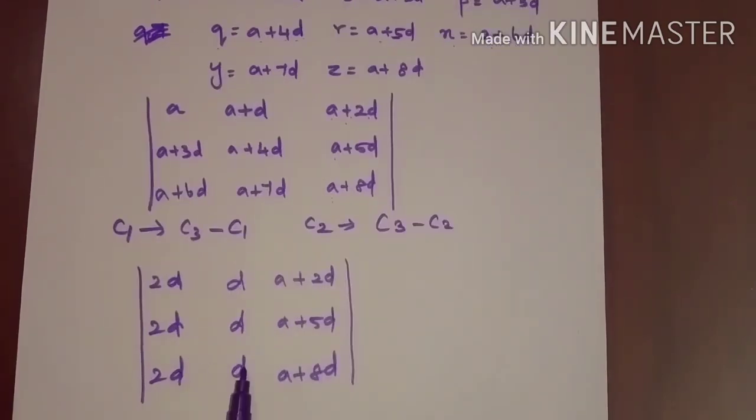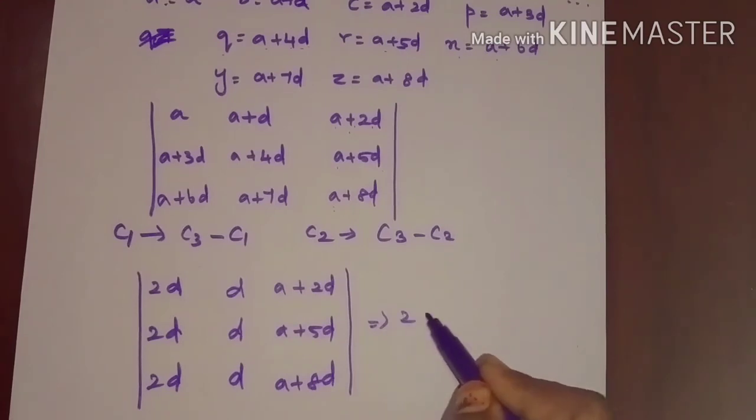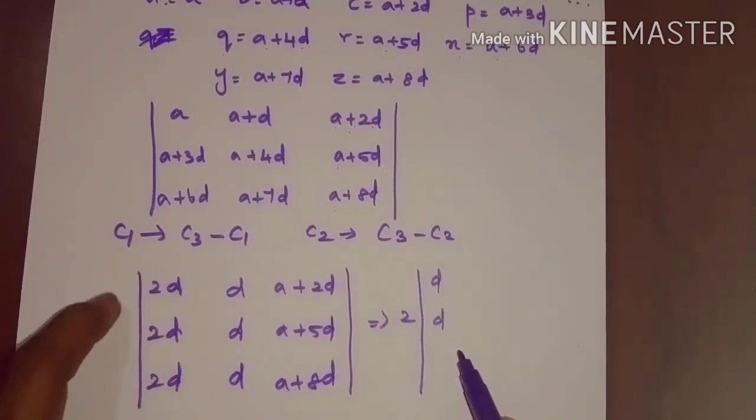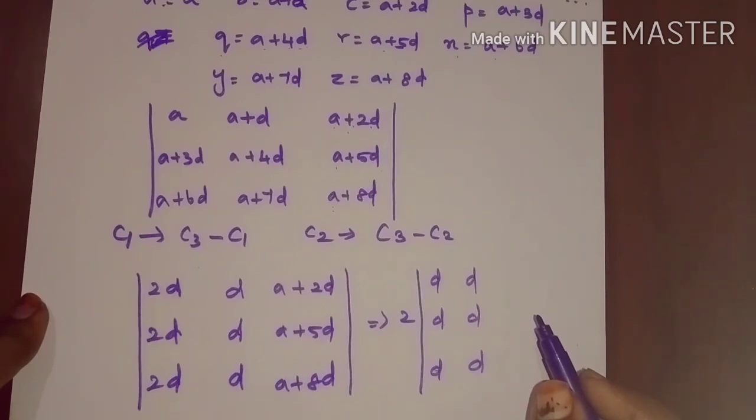These two columns are identical, but column 1 is a multiple of column 2. So we can take this integer outside, according to the property of determinants, we can take the common value present in either a column or a row, so I am taking this 2 outside. So first and second columns would have the same elements.